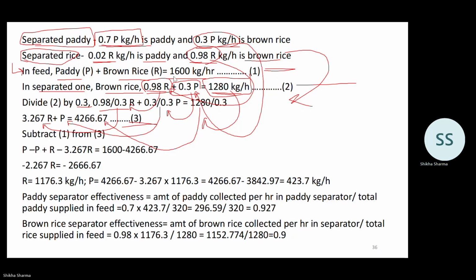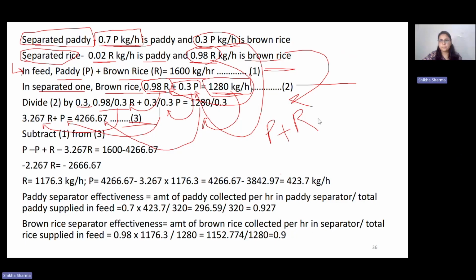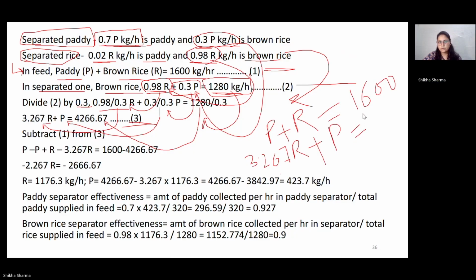So we can see here one equation is P plus R equals 1600, that is equation 1, and we are subtracting it from equation 3, which is 3.267 R plus P equals 4266.67.